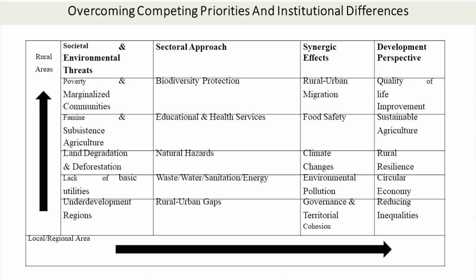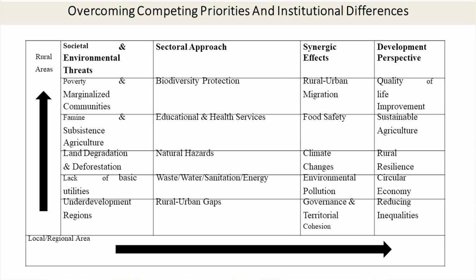This table shows overcoming competing priorities and institutional differences in the form of different societal and environmental threats like poverty, marginalized communities, subsistence agriculture, land degradation, underdeveloped regions, and how they are addressed using sectoral approaches like biodiversity protection for marginalized communities, natural hazards for land degradation, rural-urban gaps for underdeveloped regions, and how the synergistic effect is created and the development outcomes are taken into consideration, like quality of life improvement, sustainable agriculture, rural resilience, circular economy, and reducing inequalities.